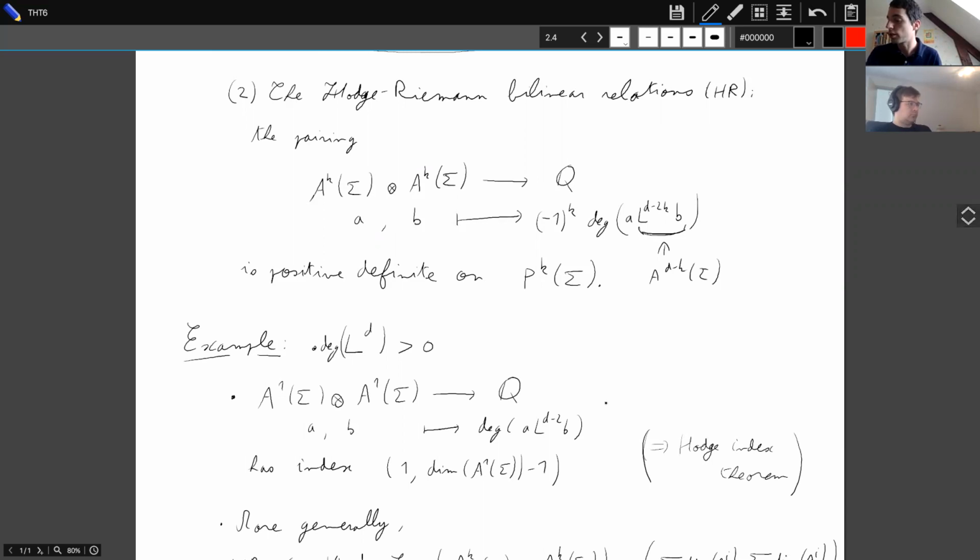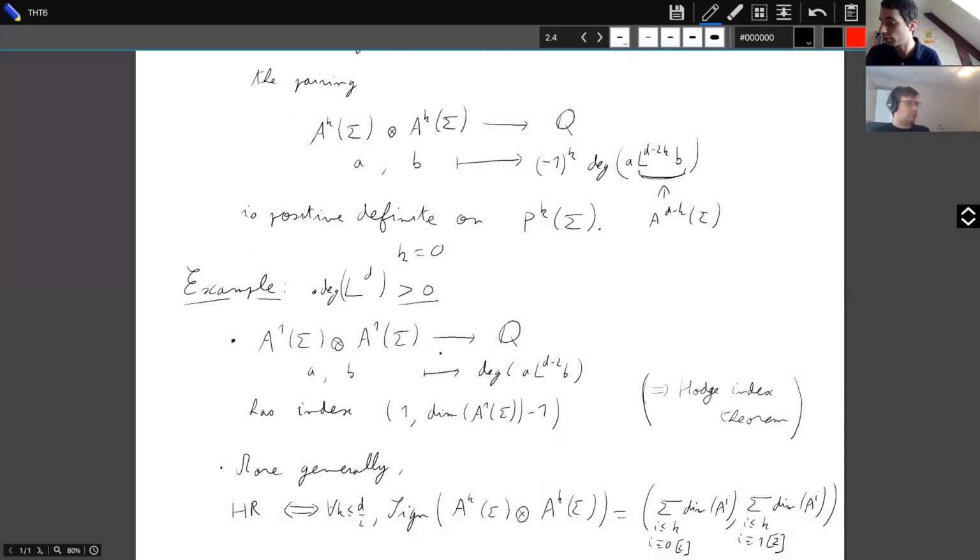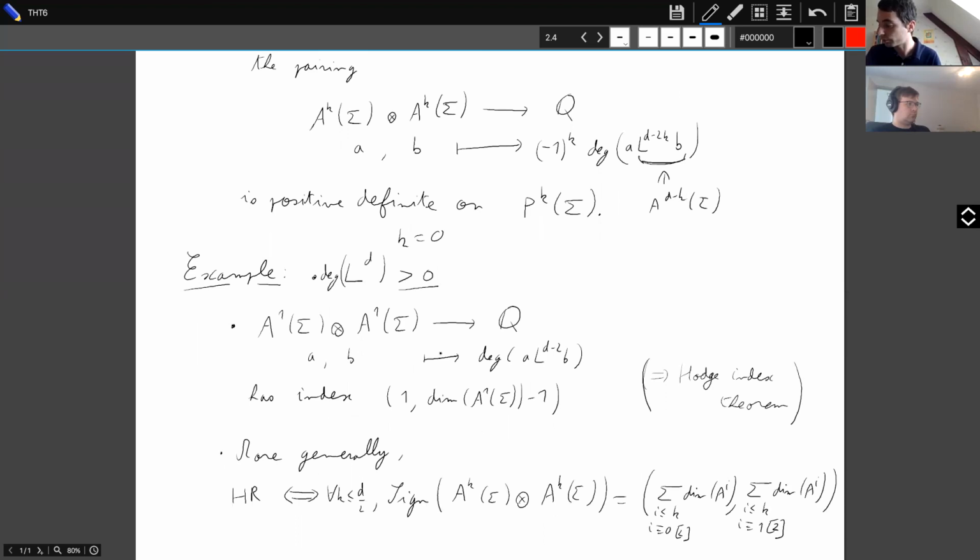So some implications of these Hodge-Riemann bilinear relations. First, if I take K equals 0, I just get that the degree of L^D is positive. Since the function is convex, it's quite okay. If I take K equals 1, for instance, I can take two elements and the degree.